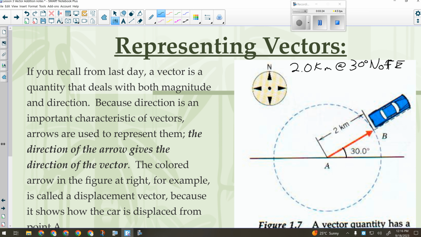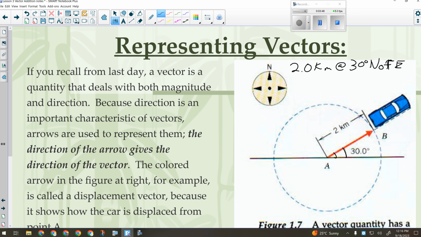Everyone follow me there? So whatever the second direction listed is, that's the one that was measured from. And then you went in the direction of the first vector. So I was facing east, and then I turned north 30 degrees. Now I'm facing 30 degrees north of east, and I'm going to walk or drive 2 kilometers.